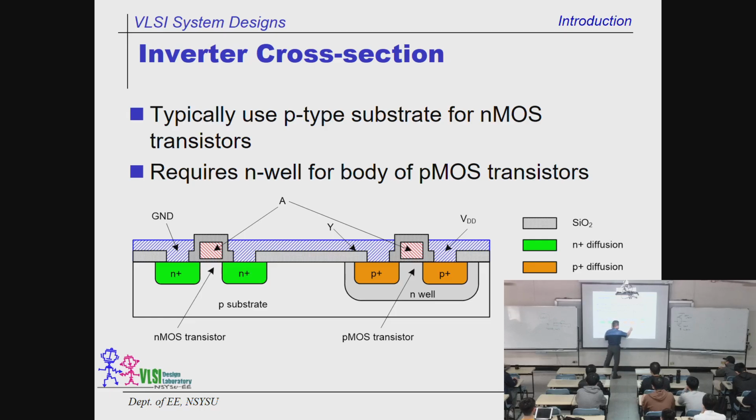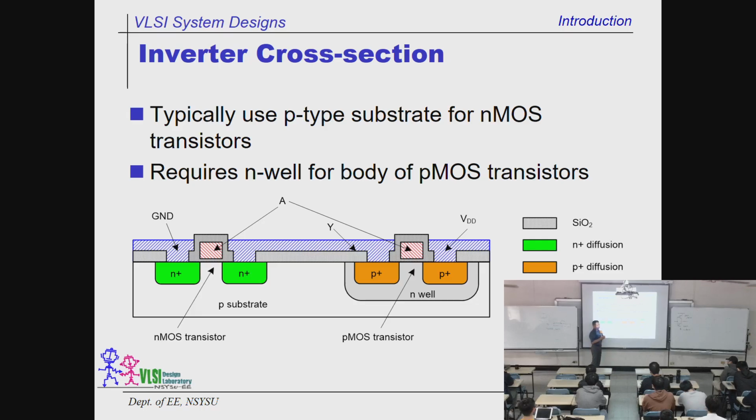That stands for this part. It's called the N-well. So the N transistor must be grown in a P base, P substrate. On the other hand, a P transistor must be grown or made inside of an N base, N well.